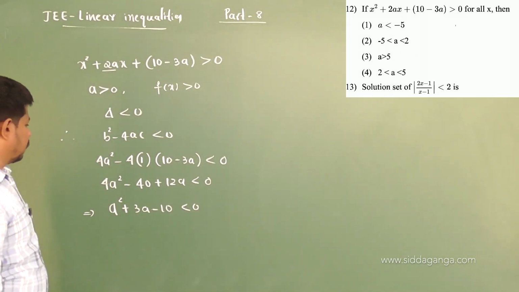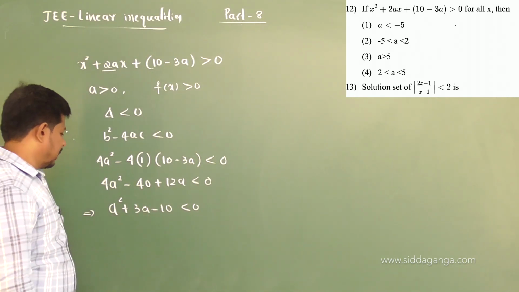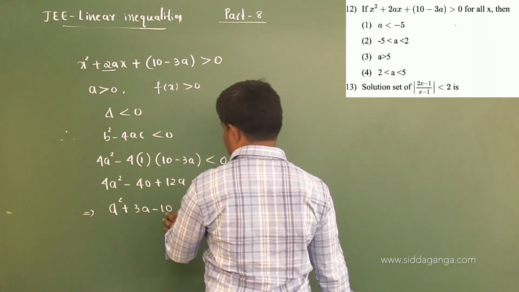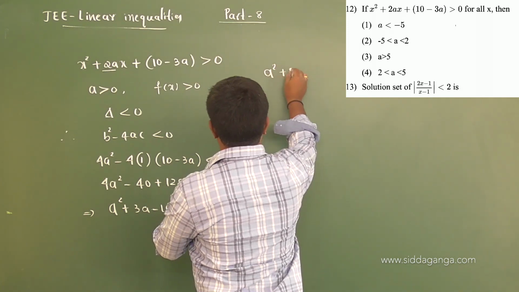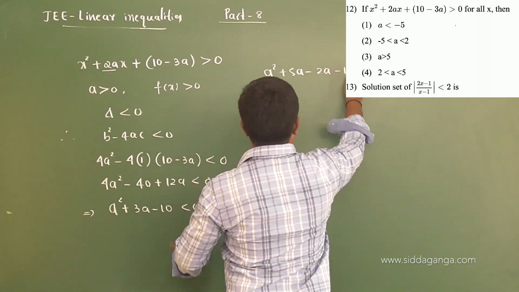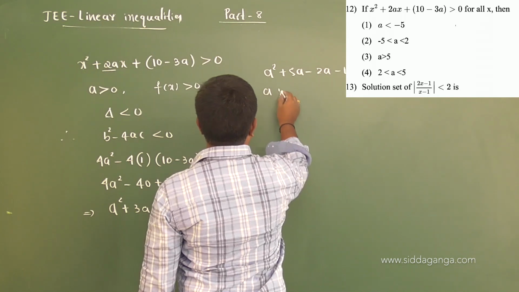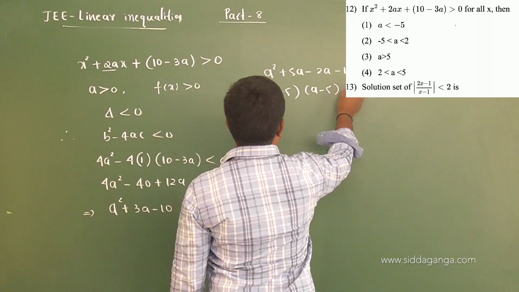Let me solve this, let me factorize this. So a square plus 5a minus 2a minus 10 less than 0. So you get a into a plus 5, a minus 2 less than 0.